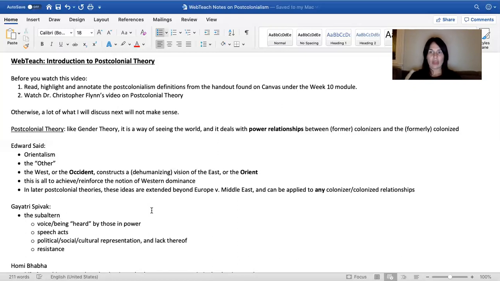So we can think about, if we do the same thing with Spivak that we did with Said, which is to take it out of the original place and expand it to all of these discussions of post-colonial theory and power throughout the world, we can think of our own society and ask ourselves, who are the subalterns in our society?